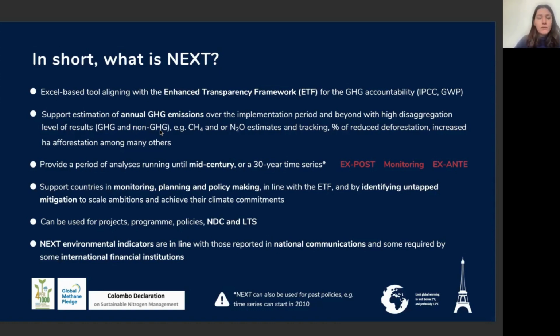So the tool was built to support countries in monitoring, planning, and policy making, and all that in line with the enhanced transparency framework. And also we really use that tool to identify untapped mitigation potentials. Let's say, for example, that a country or a project owner is going to do a project related to adaptation.